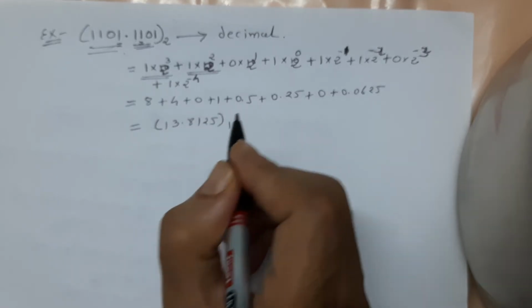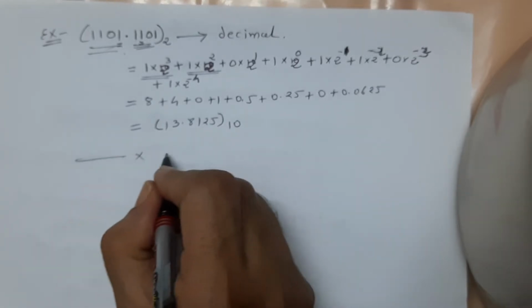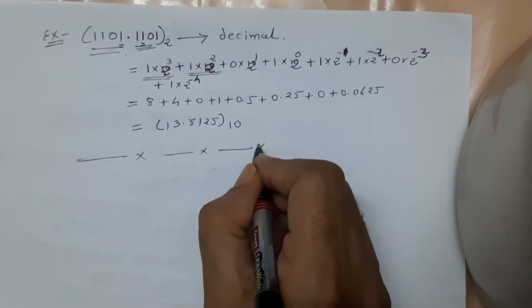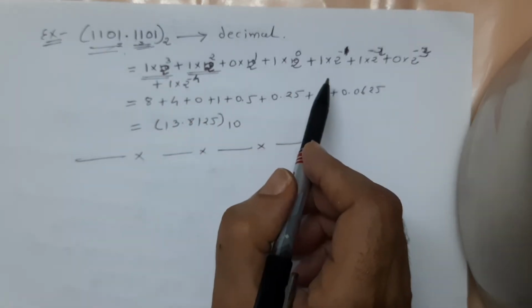This is your decimal number, right? So in this way we convert binary number into the form of decimal.